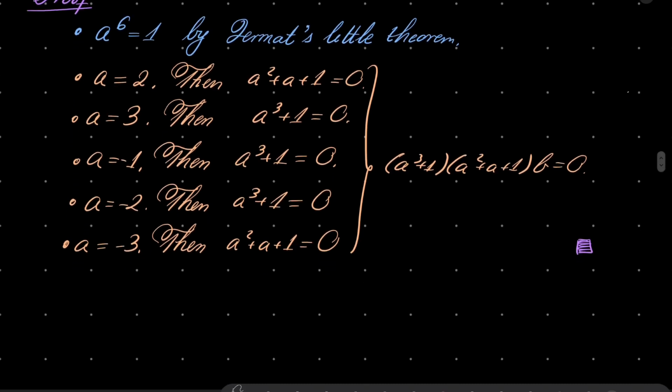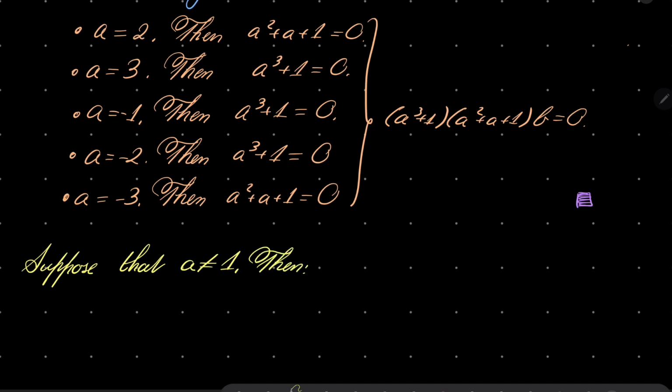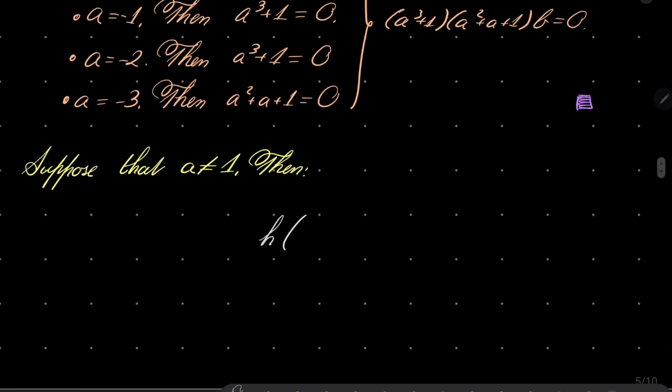And now, let's notice the following. Suppose that A is not equal to 1. Notice that then I can take h of my matrix [A, B; 0, 1] raised to the 6th power, and I can write it in two different ways.